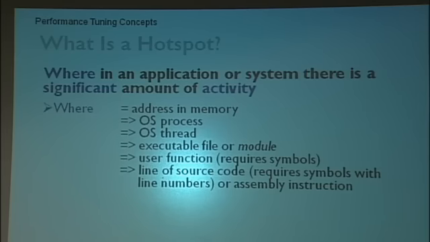It might be happening in an executable file or a module. If you know the symbols, you can say, oh, that module, that actually is this function. And if you know even more information about the program, you can say, aha, that function, in fact, is this line of the program. You get this information from the application when you compile it with debug information, so you can say, aha, this happens in this line of the program that's having this problem. So you can break it down and get that info.